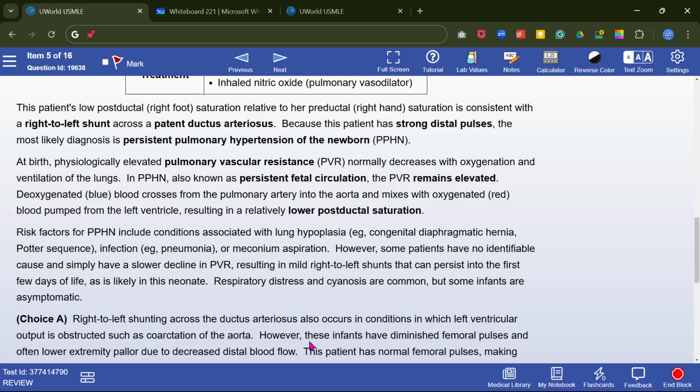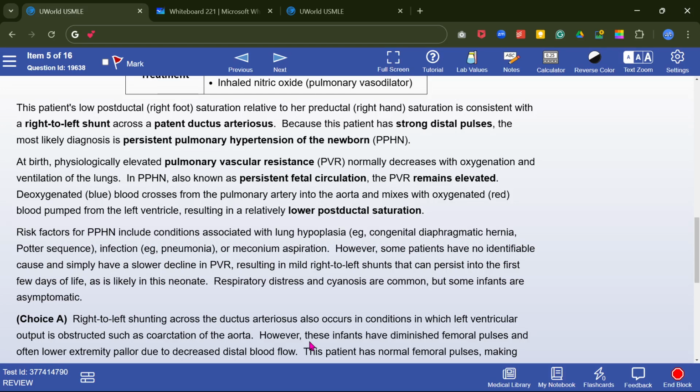Deoxygenated blue blood crosses from the pulmonary artery into the aorta and mixes with oxygenated blood pumped from the left ventricle, resulting in relatively lower postductal saturation, as there is admixture of oxygenated and deoxygenated blood. So when it goes to the foot, to the distal parts, there is lower postductal saturation.